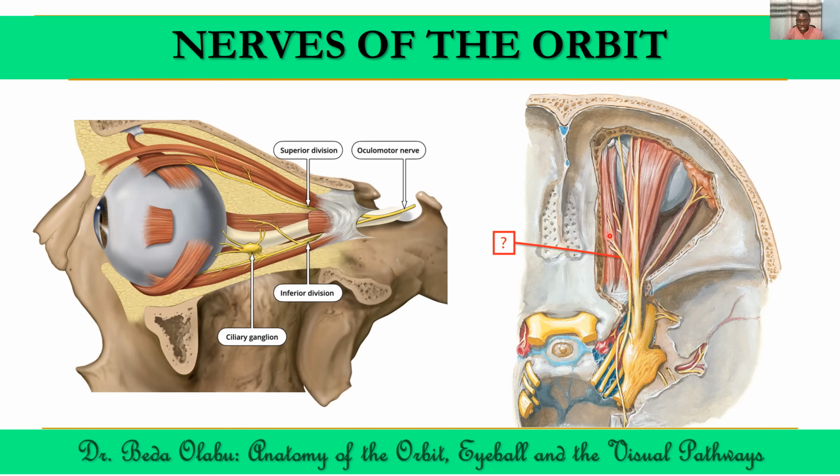The fourth nerve is the trochlear nerve. The trochlear nerve comes from the brainstem, again midbrain, from the motor nucleus of trochlea, and it supplies only one muscle in the eye, that is the superior oblique muscle. Now, the trochlear nerve has some unique characteristics. It's the cranial nerve with the longest intracranial course.